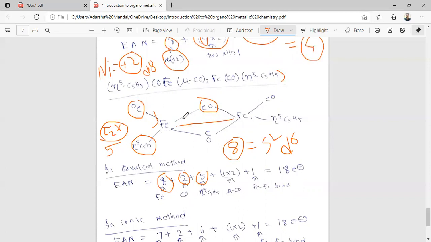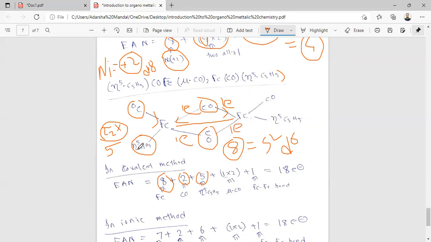And there are two bridging COs. In the terminal case, the CO will donate 2 electrons. In the bridging case, the CO also donates 2 electrons, but 1 electron to this iron and 1 electron to the other iron. Similarly, this one will give 1 electron to this iron and 1 electron to that iron.